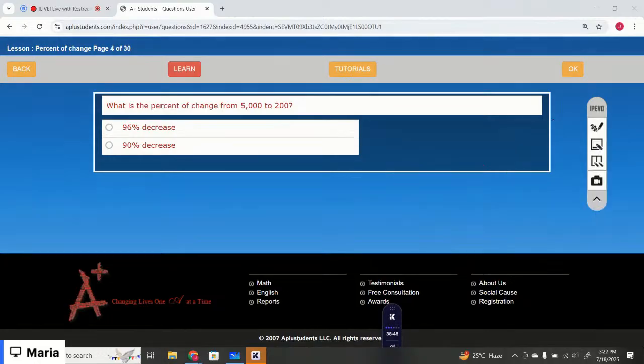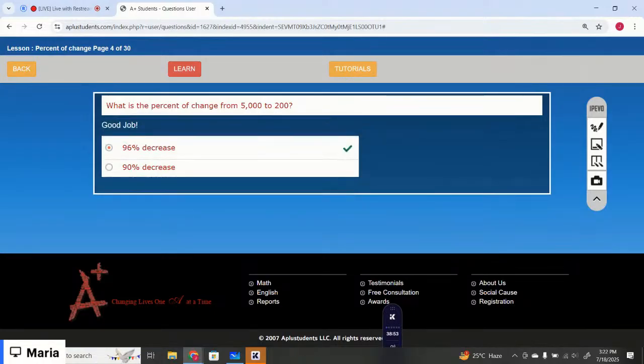Option number one is the correct option, that is 96% decrease.